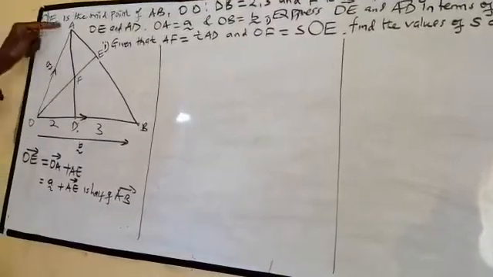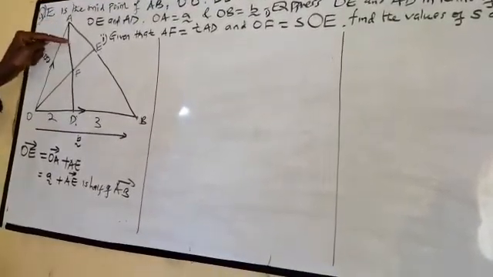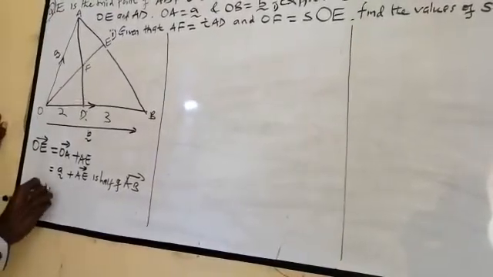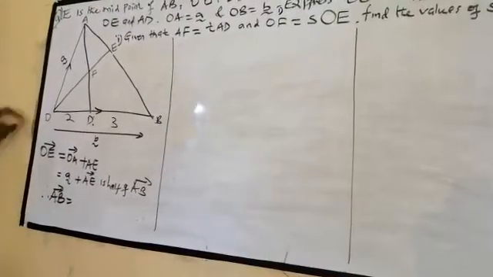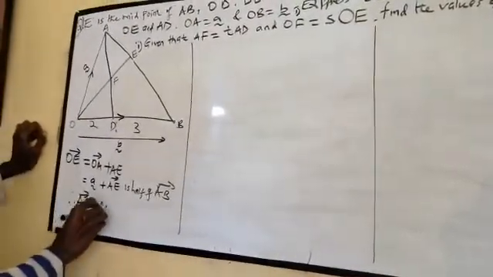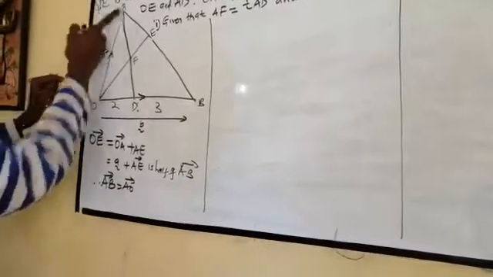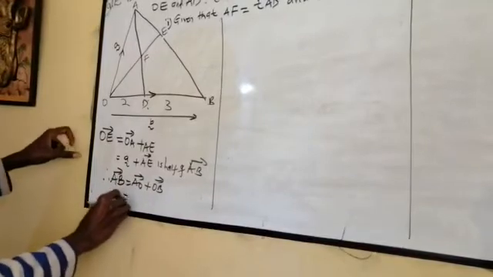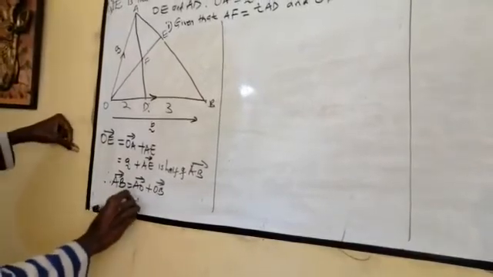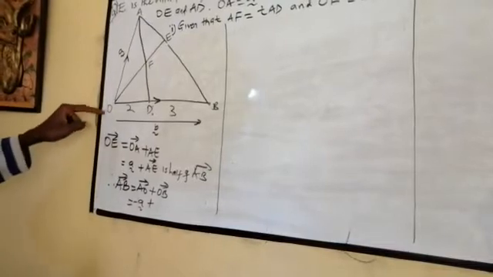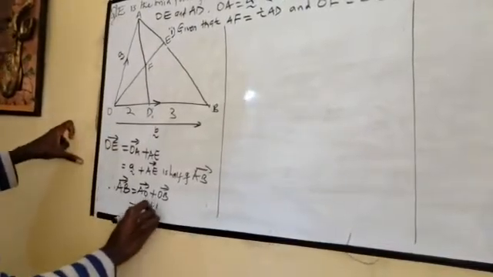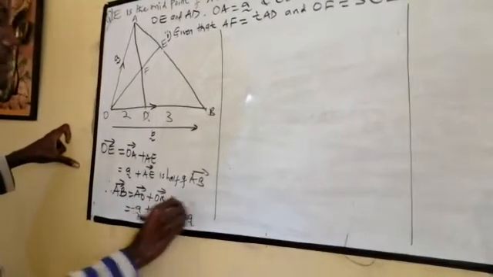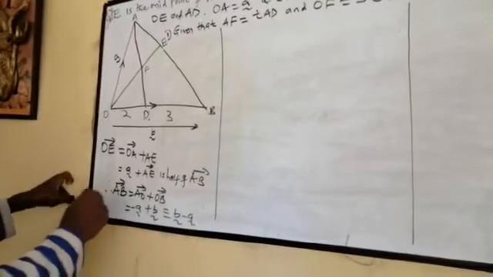Therefore, vector AB: to move from A to B is AO plus OB. And AO is the opposite way, that will be negative vector A plus B. If you want to write it beautifully, it will be vector B minus A. That is AB.